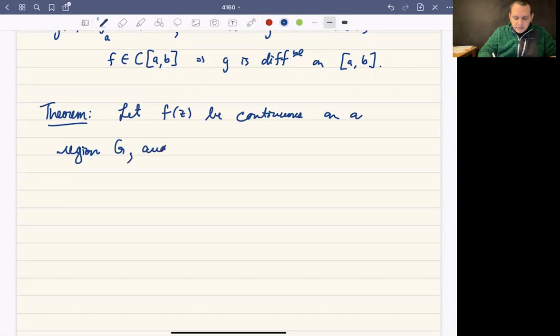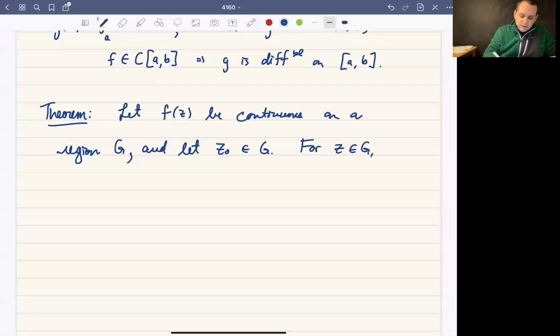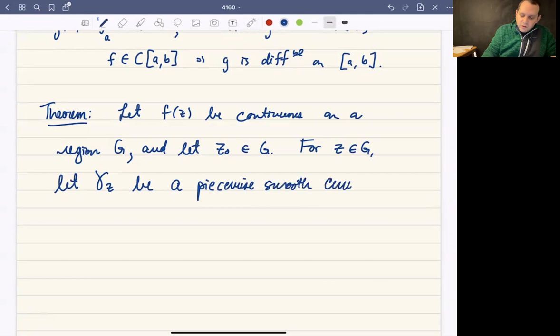And let z naught be some fixed point in G. For points z in G, we're going to let gamma sub z be a piecewise smooth curve from z naught to z.